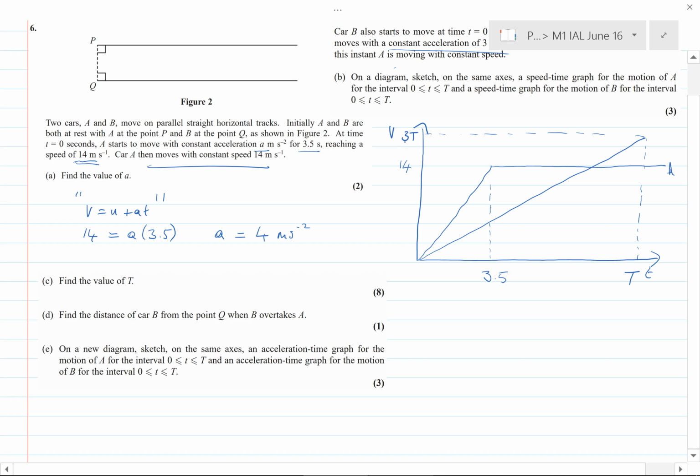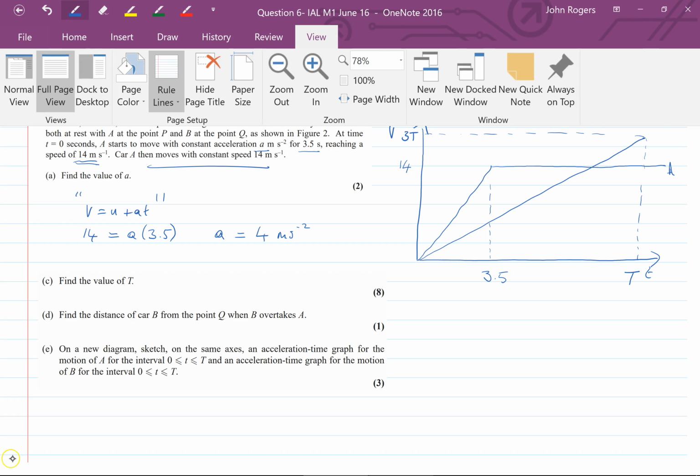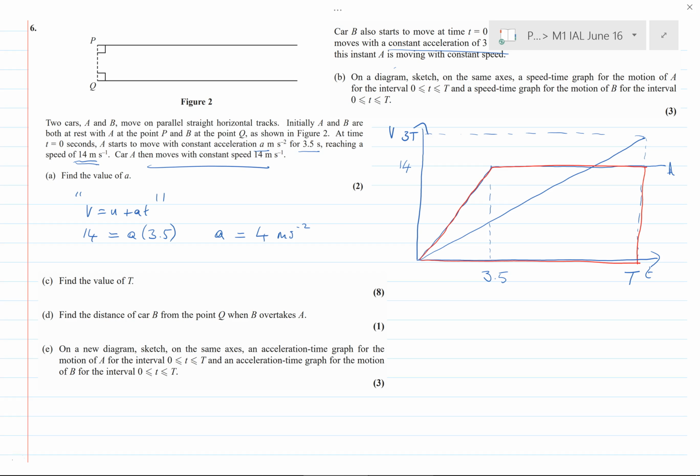Now we have to use the fact that the areas are the same. Those two areas here, as compared to this area here, have got to be the same. So let's consider the area underneath A. I'm going to split it into the triangle and the rectangle, although you could consider the whole trapezium, and that's the same thing really.